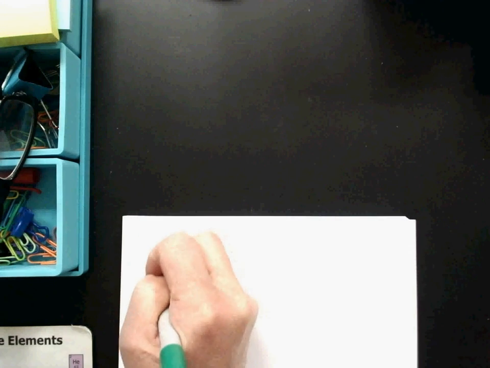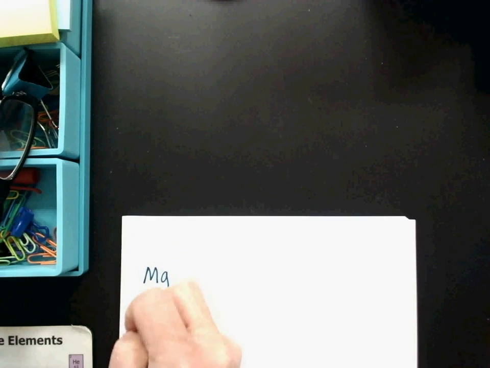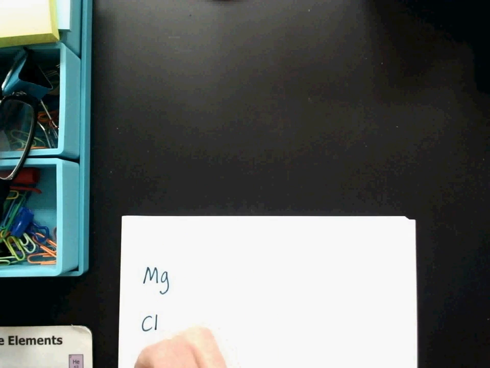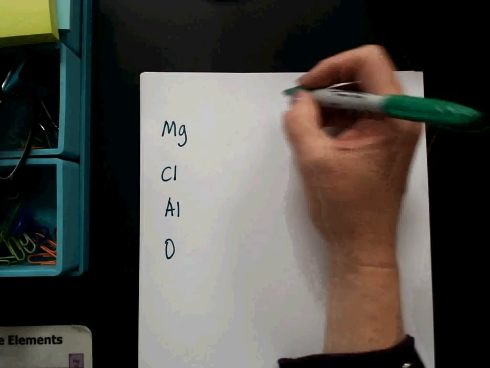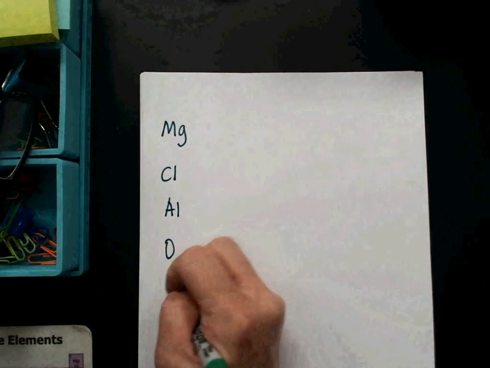So, what I want you to do, one thing, I'm going to have you work with your lab partner. Let's work with these guys. I'm going to try and make them small ones. Magnesium, chlorine, aluminum, and we'll use oxygen.